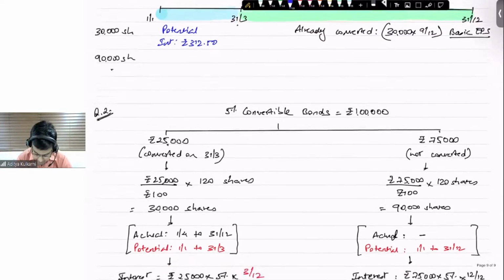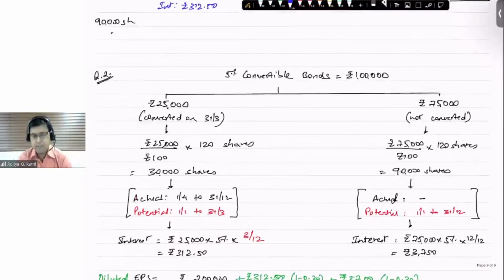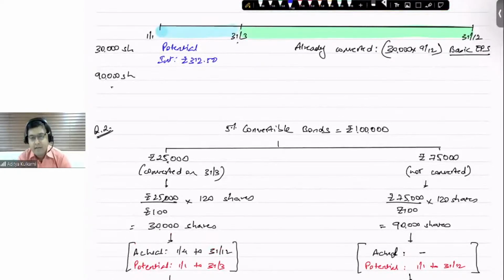Since now we are considering the conversion, the interest of 3,12,500 is automatically going to be your addition or adjustment to the numerator. That is, you will add back 312.5. So I hope that part is correct.